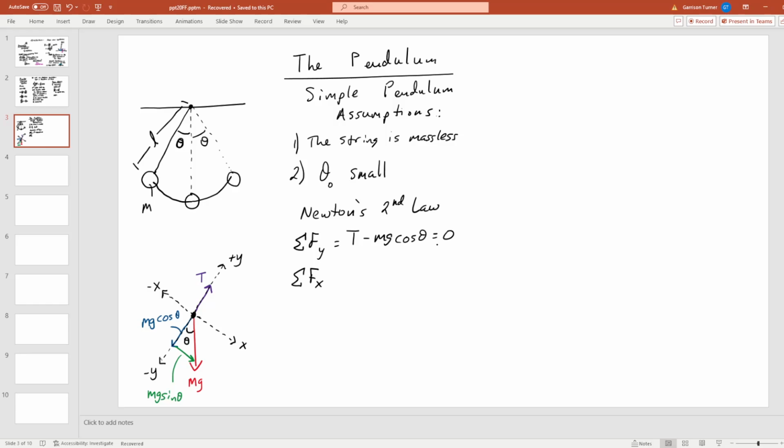And then as it continues to swing, the coordinate system will rotate accordingly, right? So under that condition, the net force along the y-axis is always going to be 0. And the net force along the x direction is mg sine theta, and that has to equal ma.